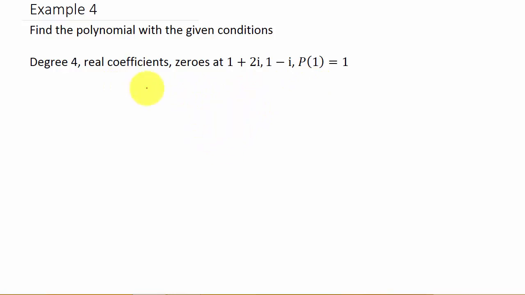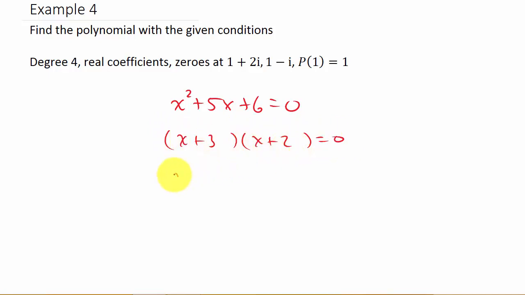But before we get started, let's just look at solving a quadratic function, because we're going to work it similarly, but backwards. If we factor, that's x plus 3, x plus 2, so x plus 3 equals 0 or x plus 2 equals 0.